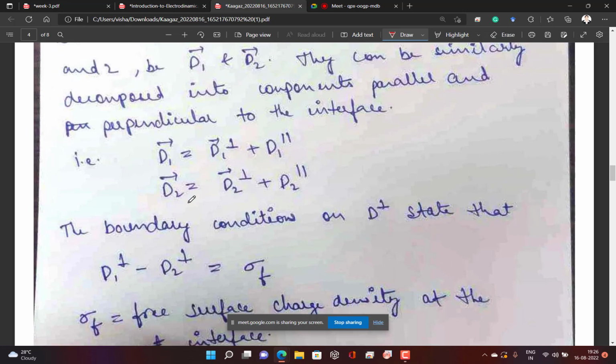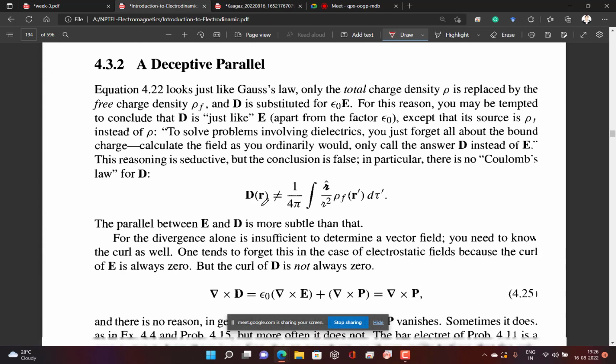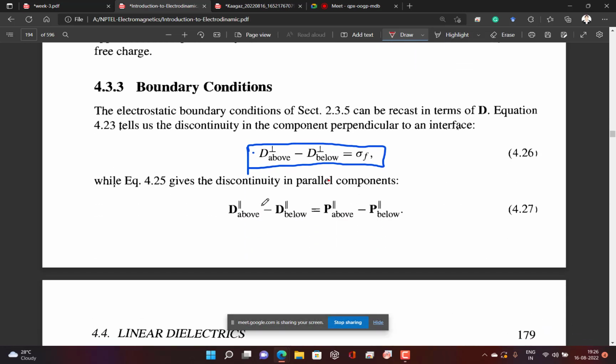Now, the boundary condition on D perpendicular states that D1 perpendicular minus D2 perpendicular will be equal to sigma f. So in this boundary condition, two boundaries are taken, one above and a second below.